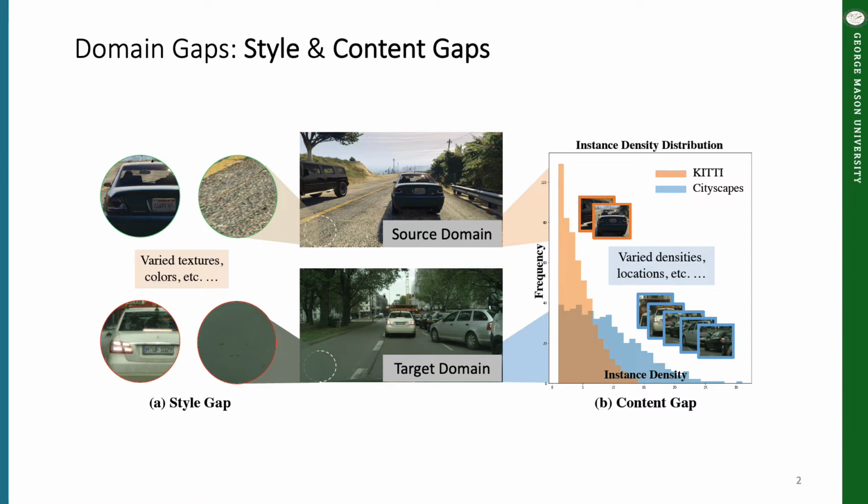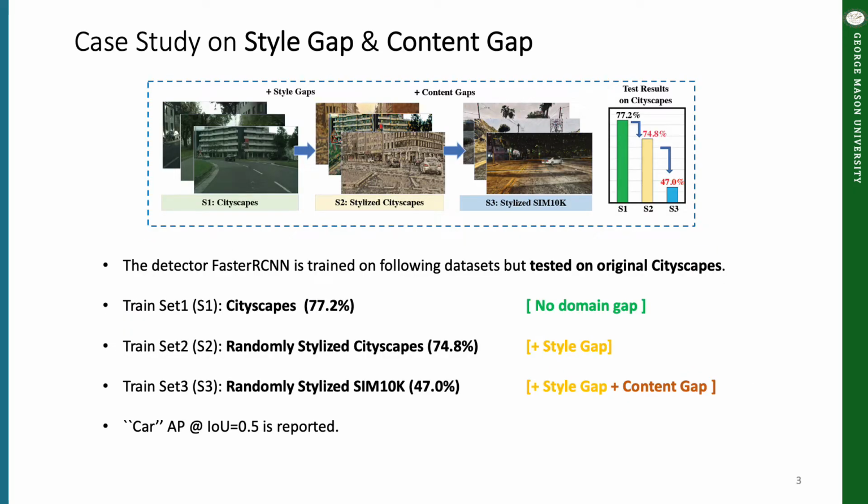So these two gaps are what we consider the major factors affecting the accuracy. We conducted a number of case studies showing that these two gaps are the critical factors in domain adaptation. The first case study uses three training datasets and tests on Cityscapes. The first one is the original Cityscapes, which means no domain gap.